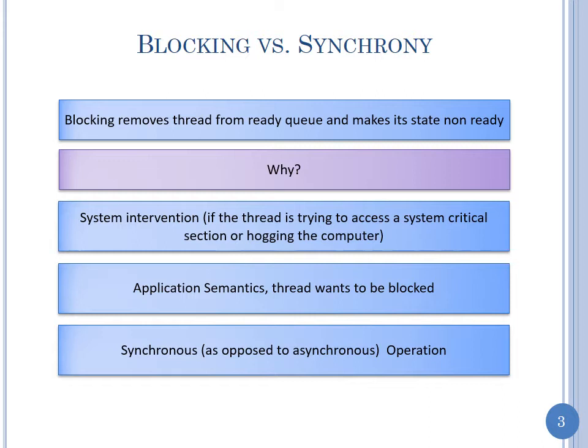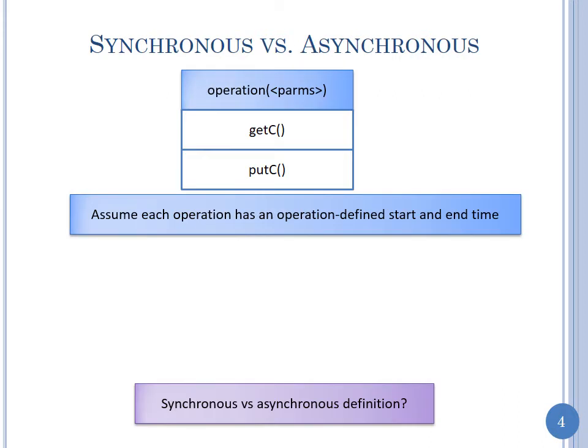So let's try to understand synchronous operations and how they might differ from blocking operations. What is synchronous versus asynchronous? That's a term you'll see and hear often in computer science, not just in the context of I/O or distributed operations, but in terms of any operation. It has to do with the fact that each operation has a defined start time and an end time. At some point the operation starts, at another time it ends.